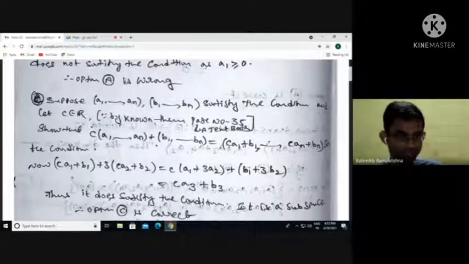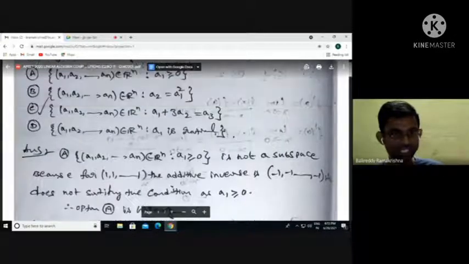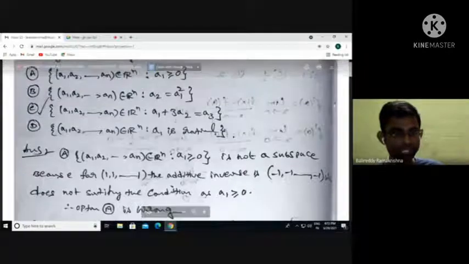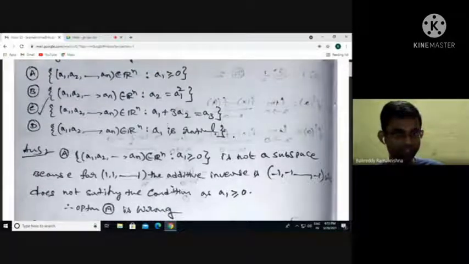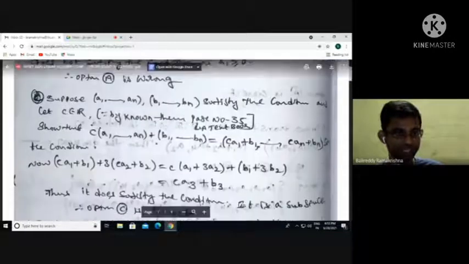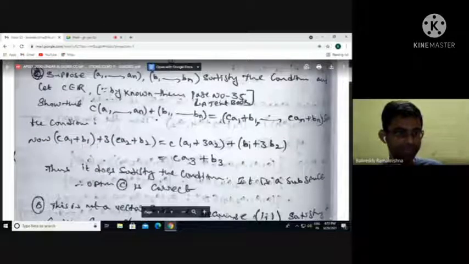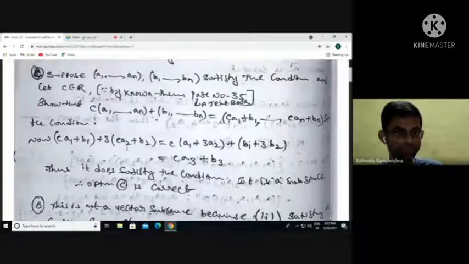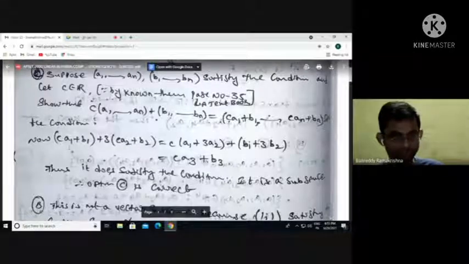Okay, so this property must satisfy the given condition, and the given condition is a1 plus 3a2 is equal to a3. So we have to verify this condition. Okay, now ca1 plus b1 plus 3 into ca2 plus b2. Now we are considering this value.